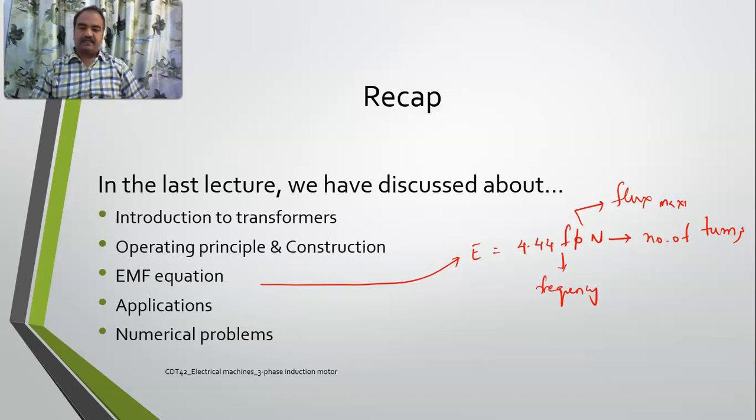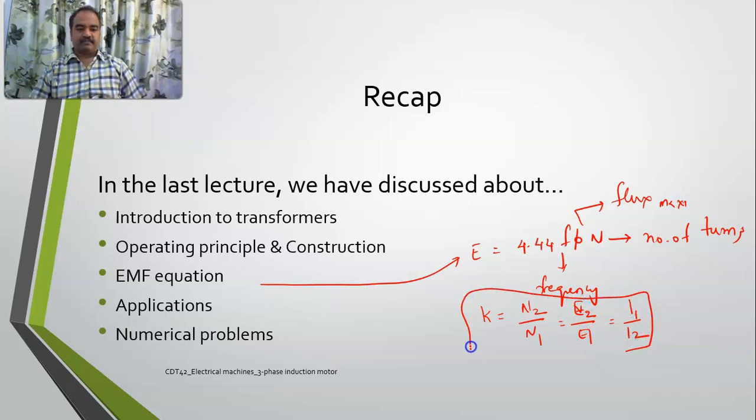And we have seen that there are two types of transformers, namely the step-up transformer and step-down transformer. We have also seen that the transformation ratio is defined as N2 by N1, which is also equal to E2 by E1. And ignoring losses, it is also equal to I1 by I2. So if the number of turns is greater on the secondary side, you will get a boosted voltage.